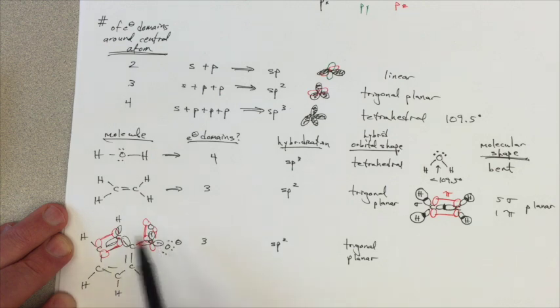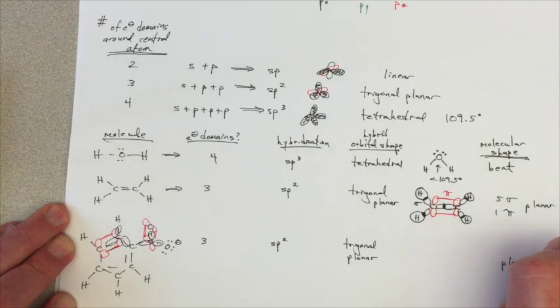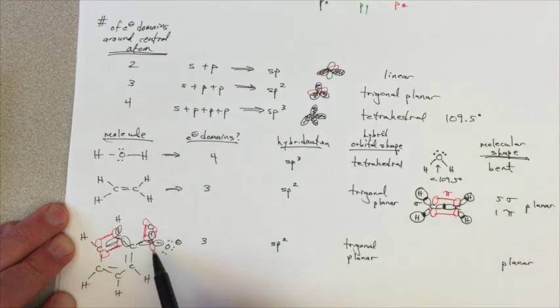Okay. So even though this is a pretty complicated molecule, overall the molecular shape of this is also planar, just like ethylene. It's formed from a bunch of sp2 trigonal planar hybrid orbitals. Overall, this is a flat planar molecule.